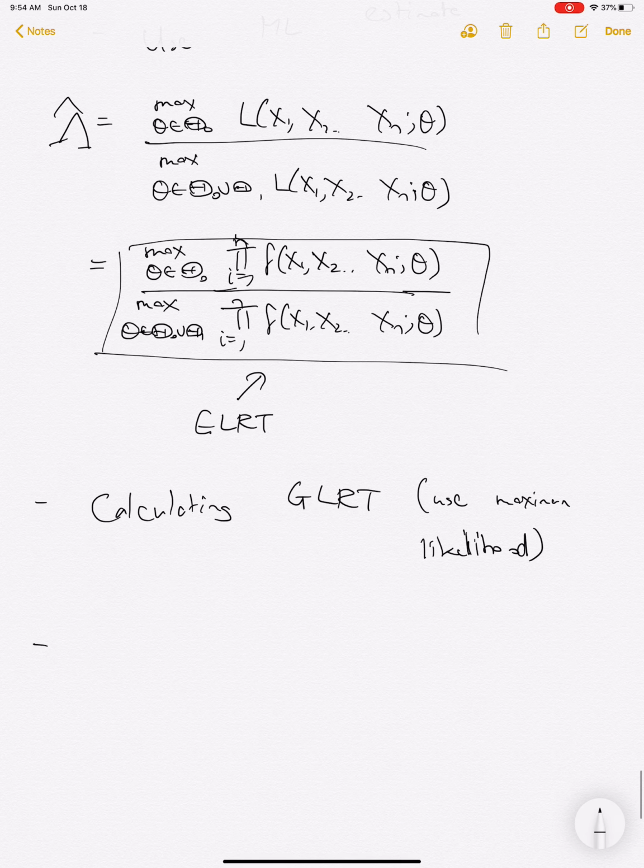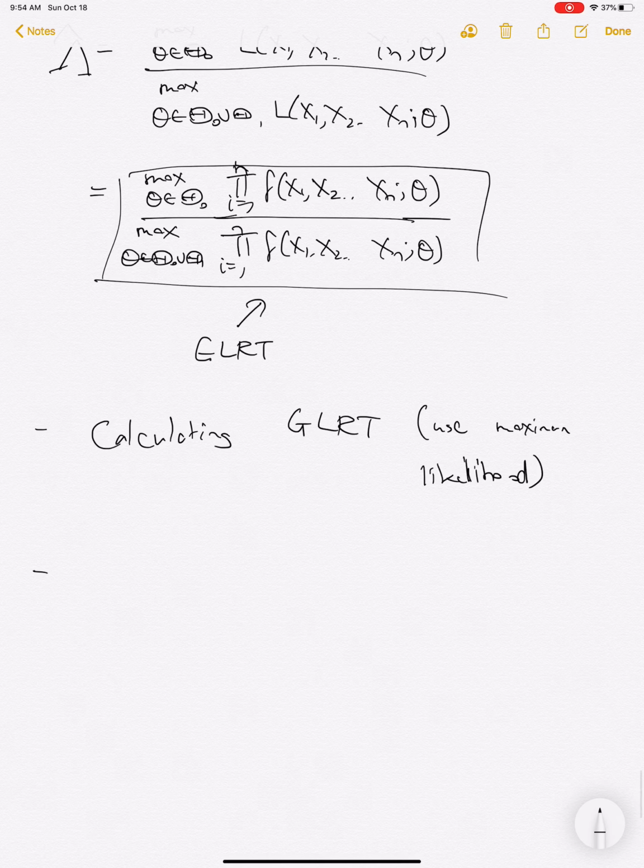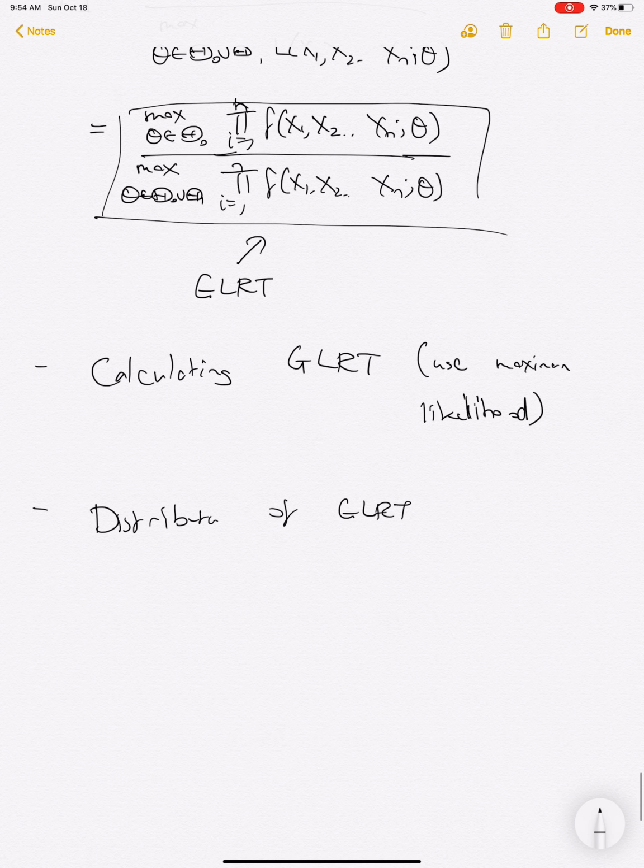And then the other question that we're going to look at is the distribution of GLRT. It'll turn out that this actually has a pretty nice distribution in general that's going to allow us to find acceptance regions and subsequently confidence intervals in a pretty nice, convenient way.